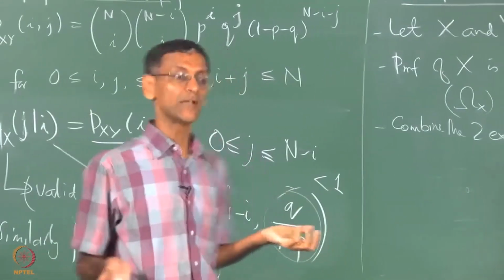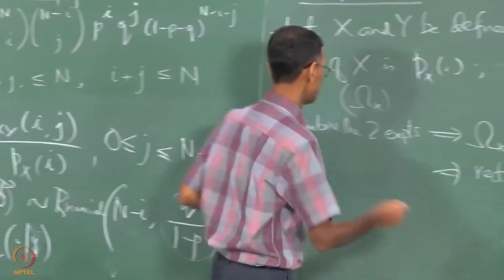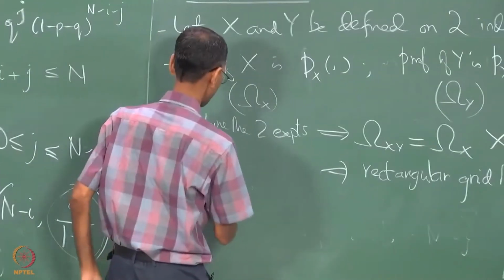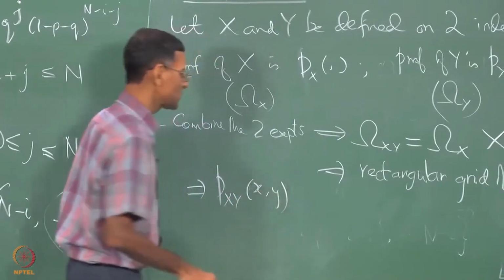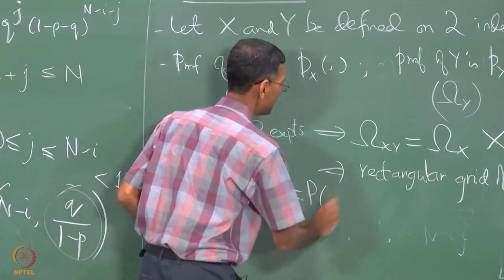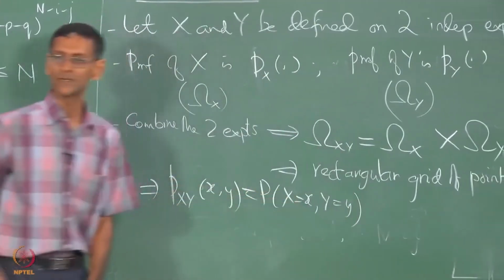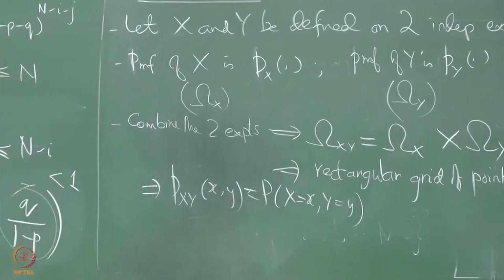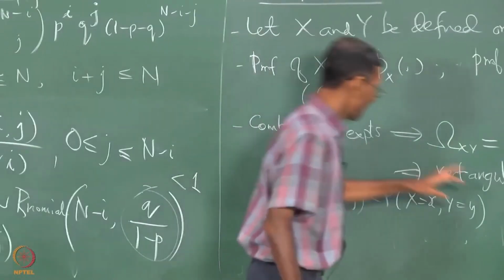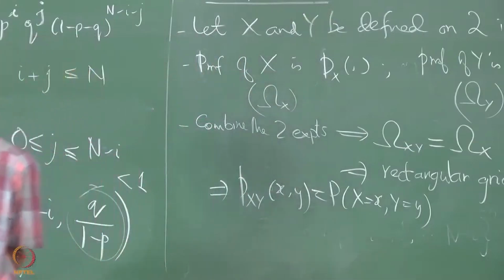So what is the joint probability here? Just going back to intuition, what do you think? This joint probability Pxy of x, y is basically the probability of the intersection, the joint event X equal to x, Y equal to y. And now we are going to draw upon the fact that the two experiments are independent.